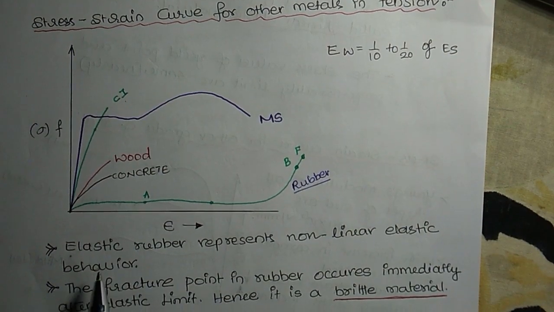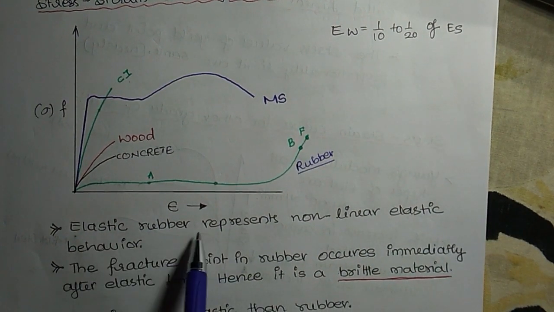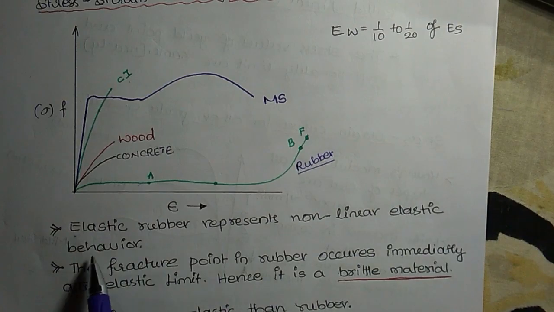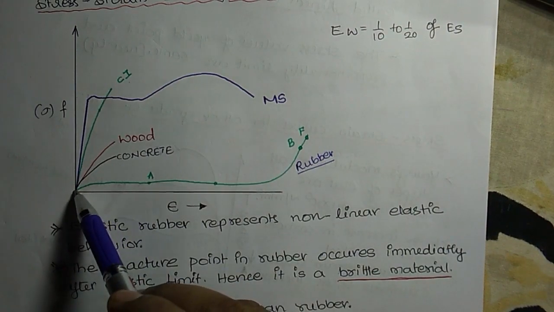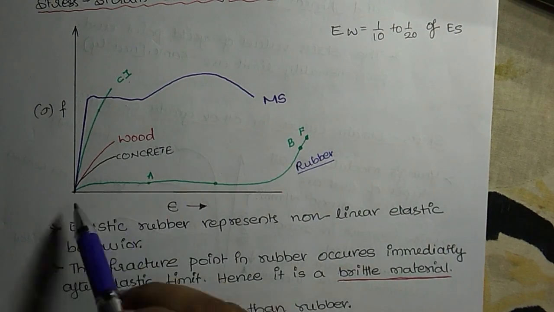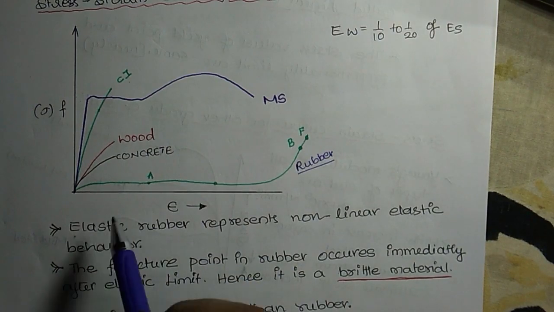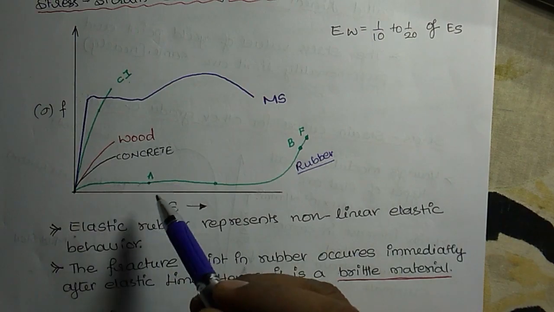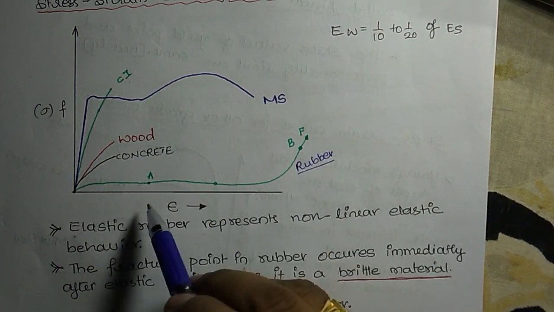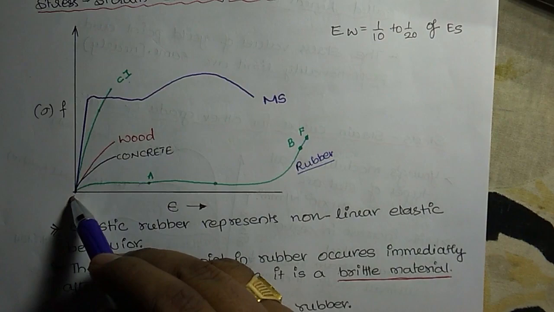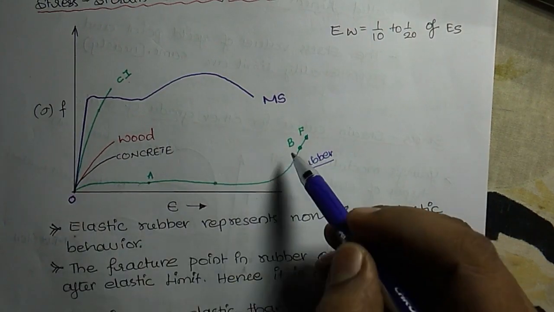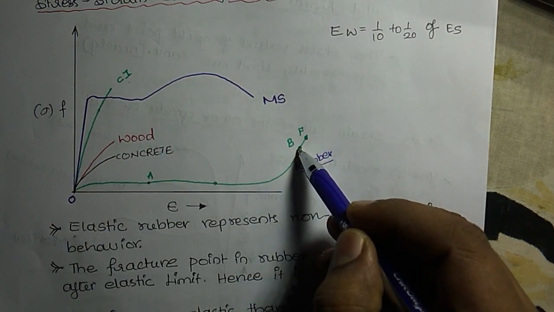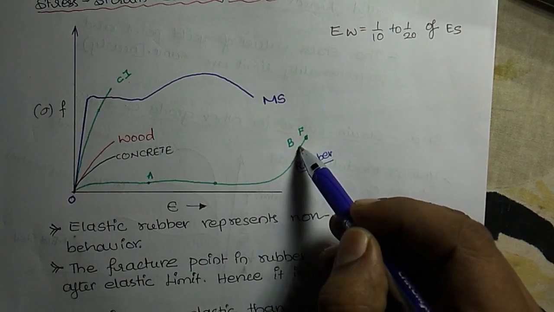Here elastic rubber represents non-linear elastic behavior. That means from this point up to this point it's a non-linear behavior, and you can see A is the proportionality limit as far as our mild steel is concerned. From O, you can consider this as O, up to B, it is the elastic limit.